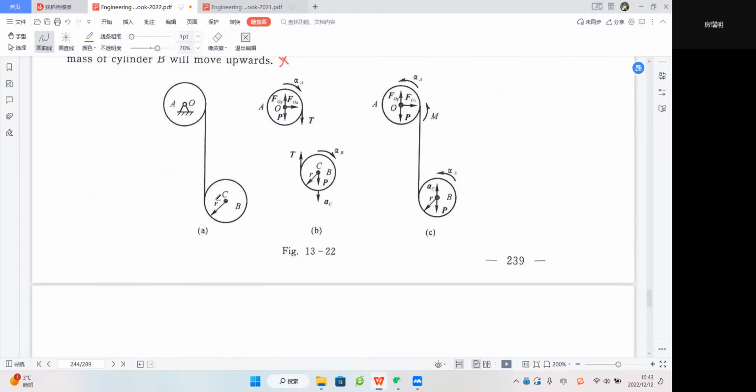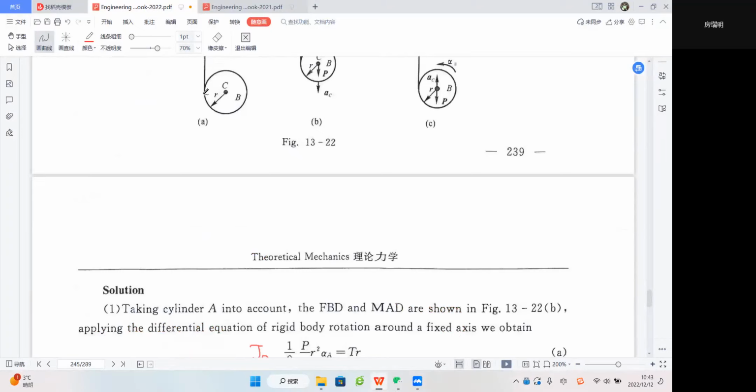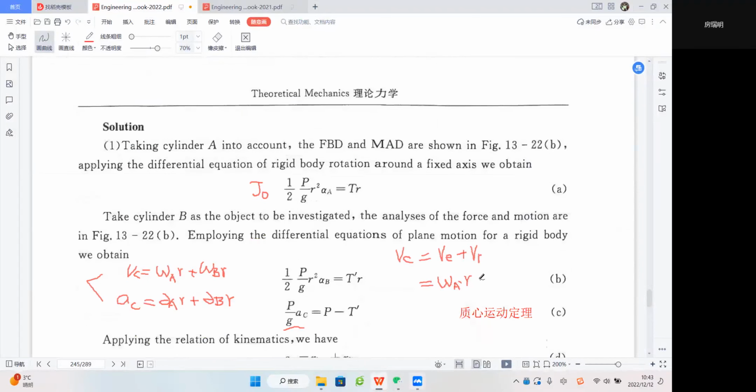So its relative movement will induce this C to also have another relative velocity VR, which is omega B times R, because this contact point will be the instantaneous velocity center of this cylinder B. So once again it also equals omega B times R.